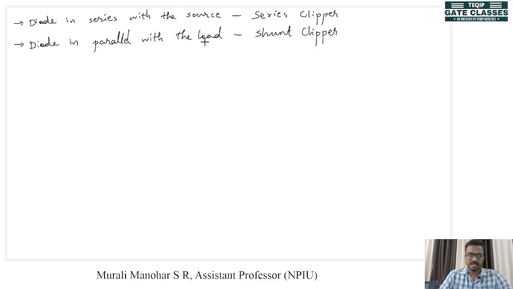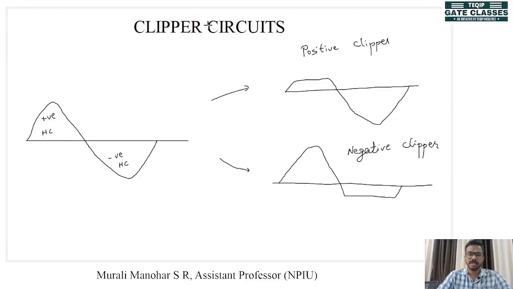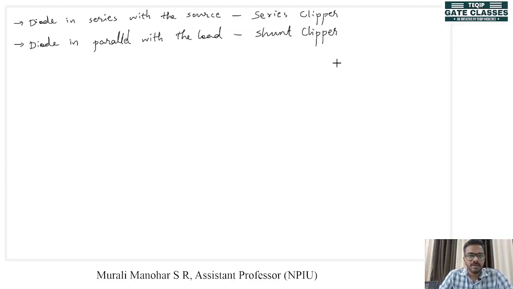So clipper circuits can be classified into positive clipper and negative clipper based on where the clipping occurs, or into series clipper and shunt clipper based on the position of the diode in the circuit, right? A series clipper can be a positive clipper or a negative clipper. Also a shunt clipper can be the same, positive clipper or negative clipper, right?